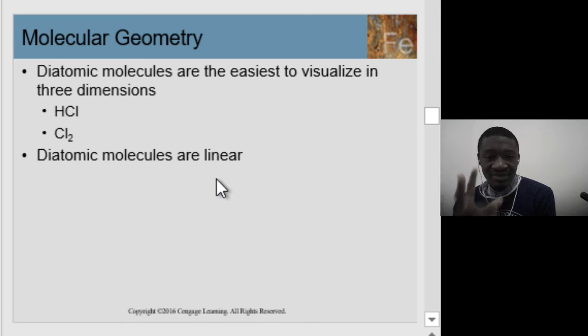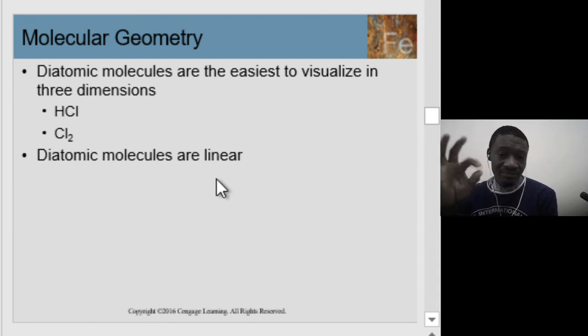So the idea is molecular geometry. So it's just shapes of molecules or structures of molecules, any which one you prefer. Diatomic molecules are the easiest to visualize in 3 dimensions, because the molecules are in pairs and it's easy.